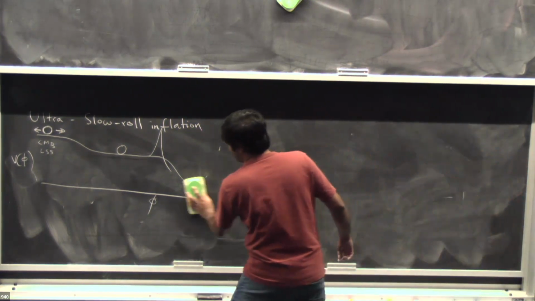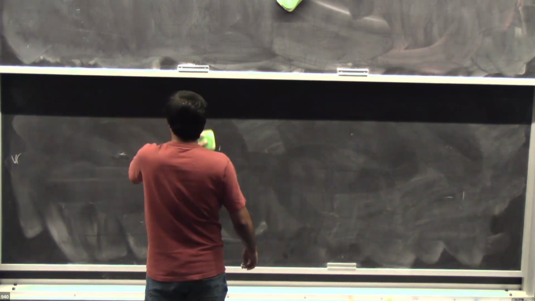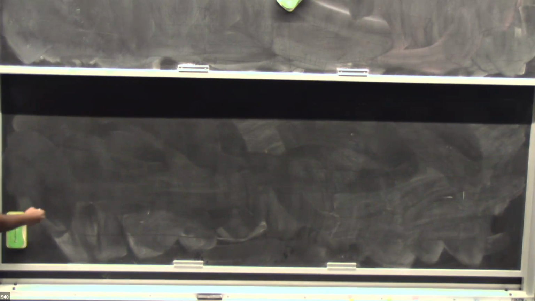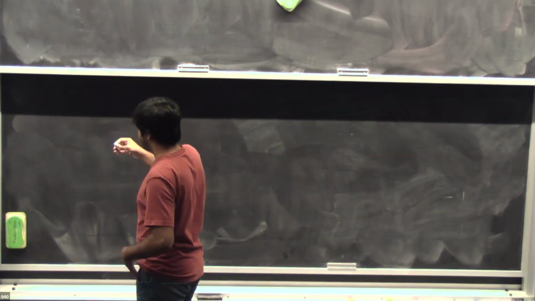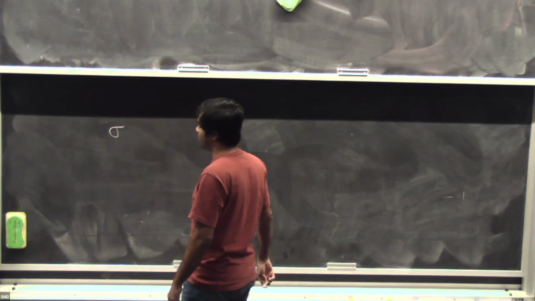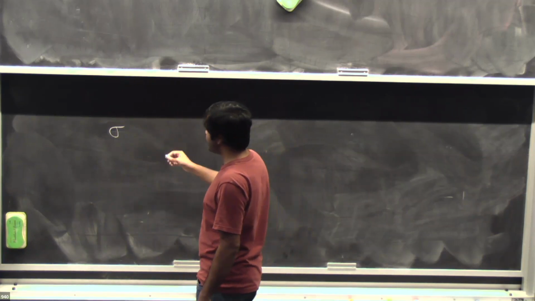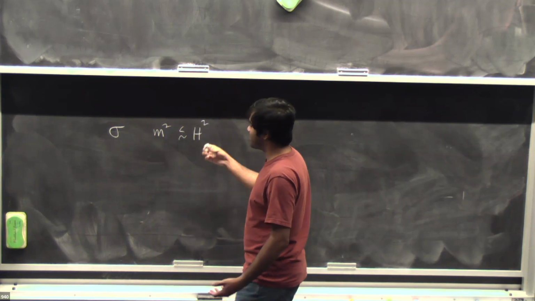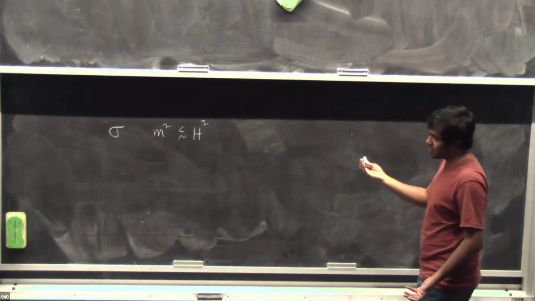Okay, so what we are going to discuss is that we're going to have one extra ingredient beyond the inflaton. We're going to imagine that there is a curvaton-like field, which I'm going to call sigma. It's a light field in the sense that its mass is of the order or somewhat smaller than the inflationary Hubble scale.